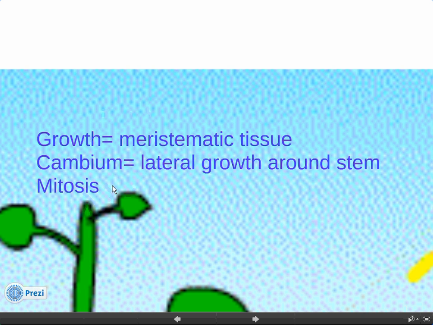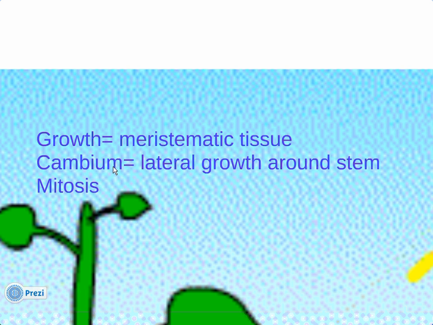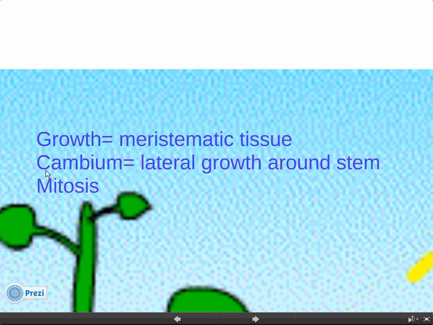There's a special type of meristematic tissue called cambium, and this is making the plant stem get wider, fatter, thicker. Okay, so this cambium is mostly going to be around tree trunks, making the stem get very, very wide. So meristematic tissue in general is just growing. Cambium is specifically growing wider at the stem.